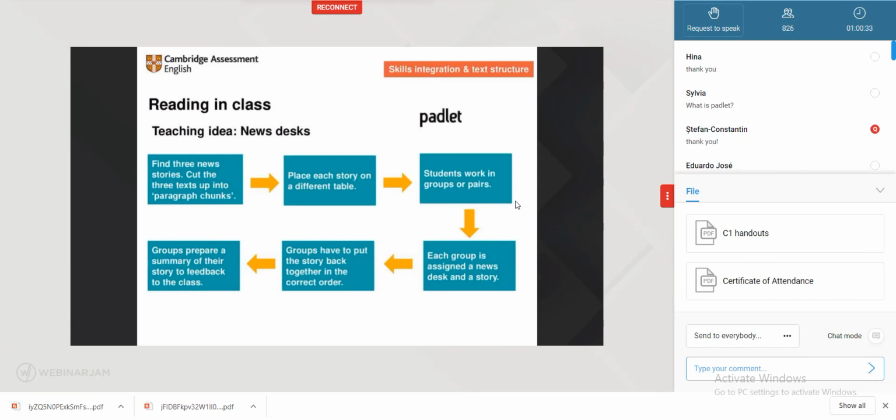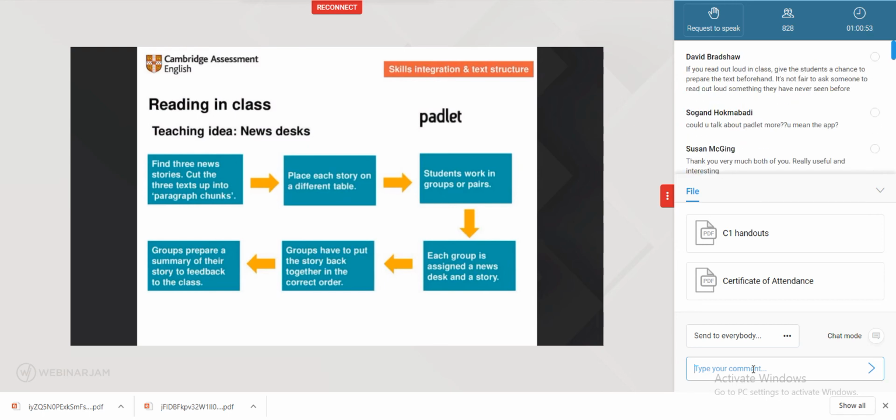Another really nice, slightly more developed version of this would be taking the same story from 3 very different papers. This may be a bit more for C2, but taking it from, let's say, a broadsheet, like the Times or the Guardian or the Telegraph, and more of an online paper, maybe like the Eye, and a tabloid like the Sun, for example.